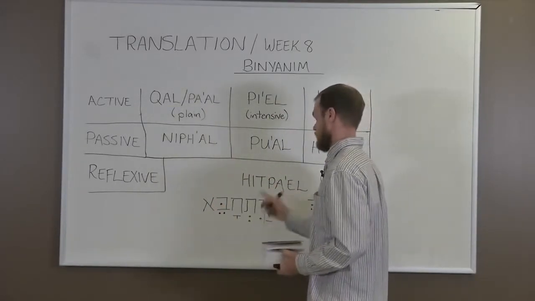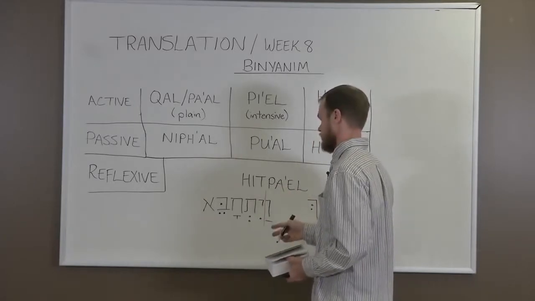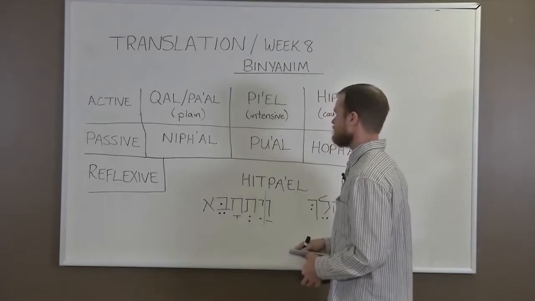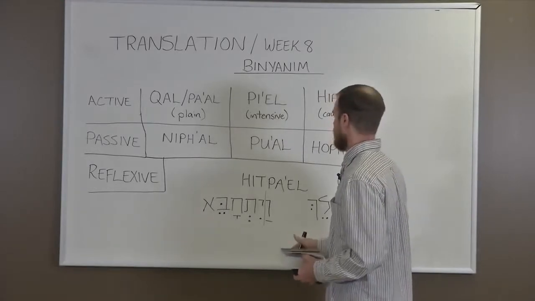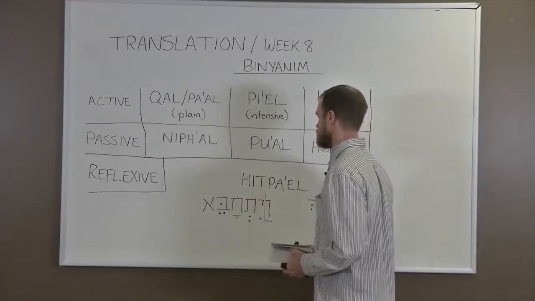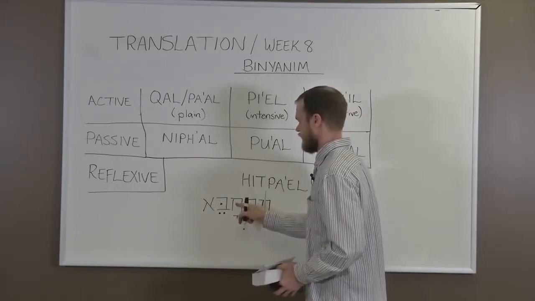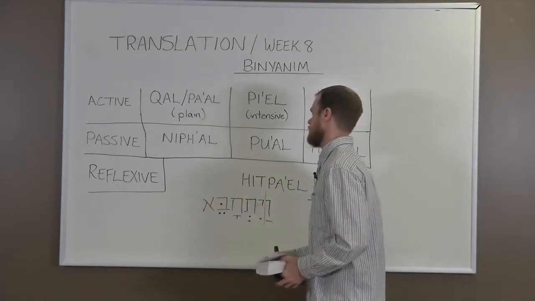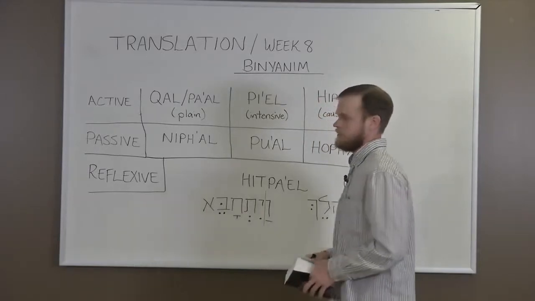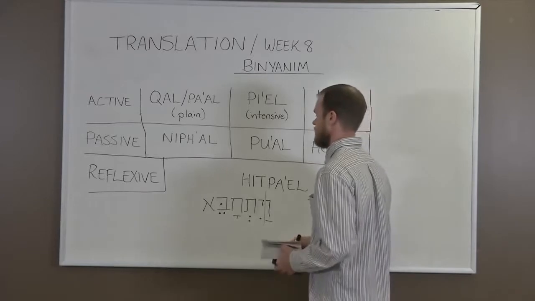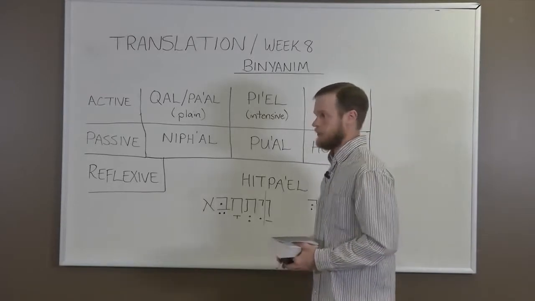It is future tense, third person, masculine, singular. The man hid himself and the wife. Yitchabe, the root here, before I go any further, chet, beit, aleph, means to hide, to conceal. So it's not just that he hid, he concealed himself.